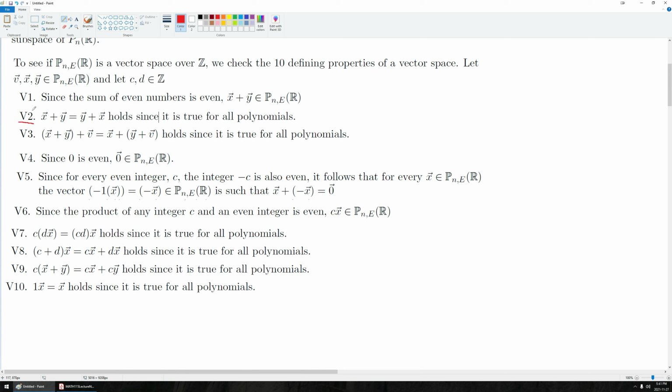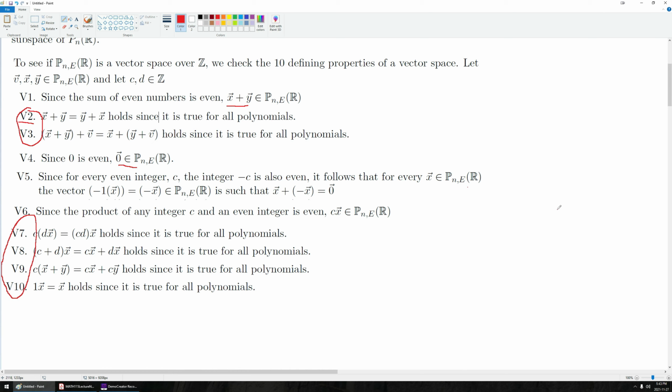For v2 and v3, these were trivially true because they were inherited from the set of polynomials, right? Similarly, all of these terms were inherited from other polynomials as well. So the only terms that I actually had to contend with were the ones where I was asking, is this actually contained in this set that I'm proposing to be a vector space? So v1, v4, v5, v6.